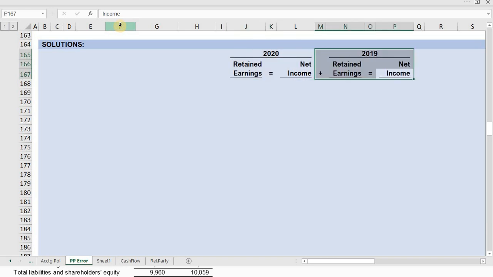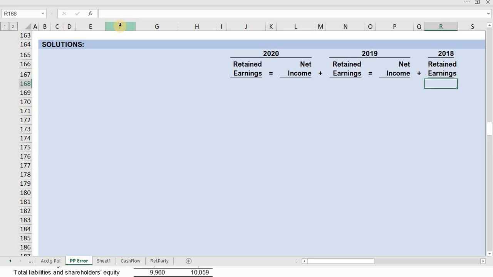And of course, we're going to include the 2018 ending balance of the retained earnings because this is the beginning retained earnings in 2019. And if there are errors that occurred prior to 2019, the nominal accounts in those years were already closed to the retained earnings at the end of 2018.